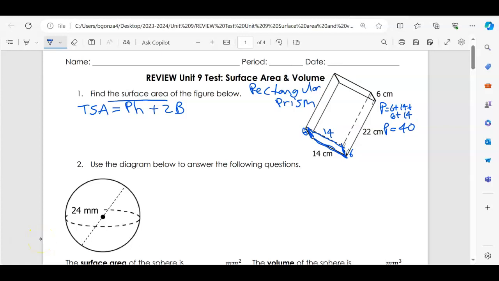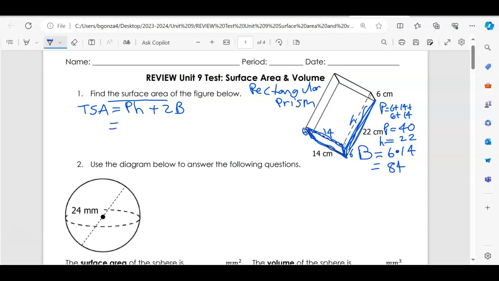All right, and then the height of the prism going straight up and down from the base is 22. Now this is where people mess up. Big B, area of the base. If it's 6 by 14, for a rectangle, you multiply 6 times 14, and you get 84. All right, and now we can plug all this in here.